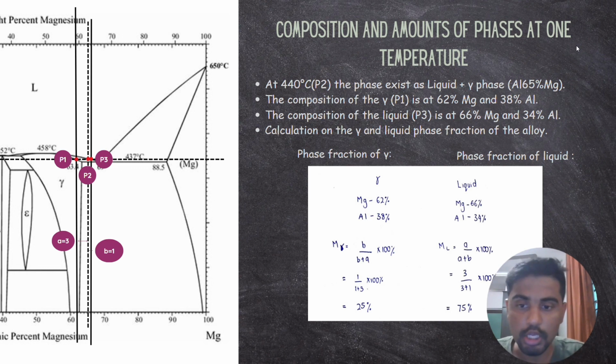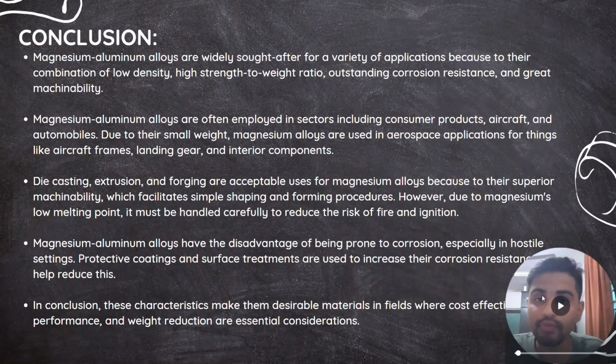We found that B equals 1 and A equals 3, so 1 over 4 times 100% is 25%. Then the phase fraction of liquid, magnesium 66% and aluminum 34%: the fraction of liquid equals A over A plus B times 100%, which is 3 over 4 times 100%, or 75%. Adding both 25% and 75% equals 100%.